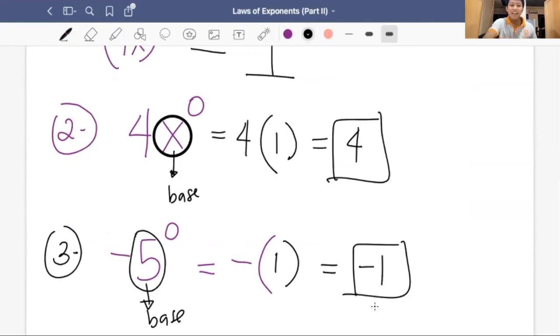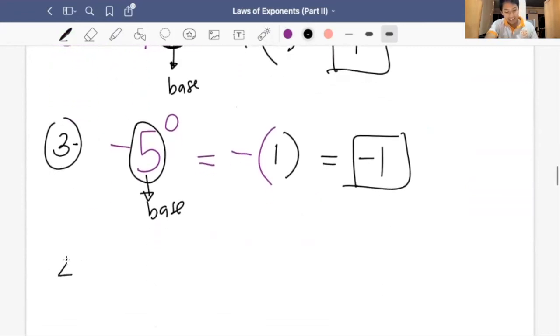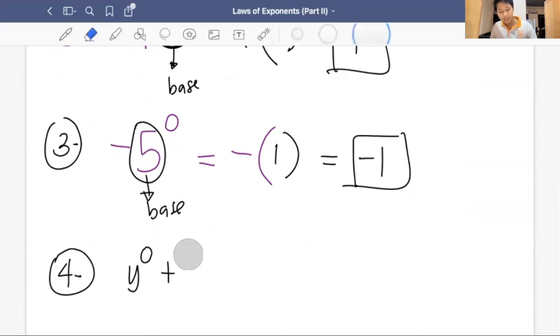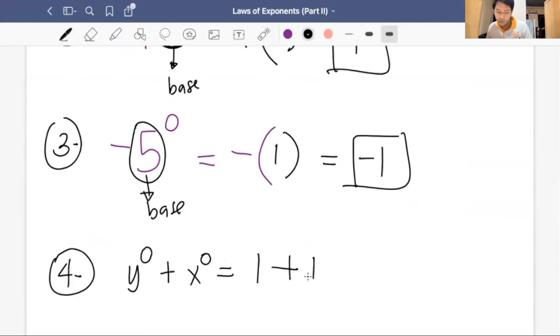All right. And the last example, what if I have y to the 0 plus x to the 0 power? Y to the 0 is just equal to 1 plus x to the 0 is just equal to 1.